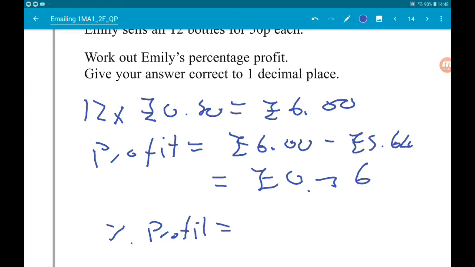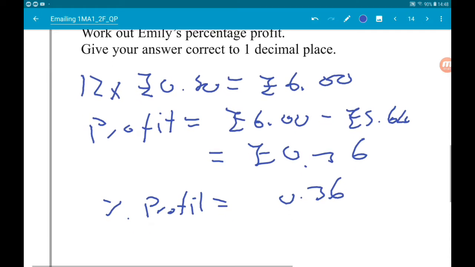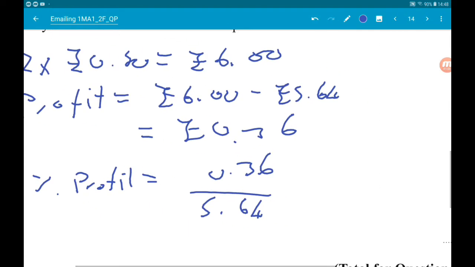So her percentage profit is 0.36 over what she paid, 5.64, multiplied by 100.